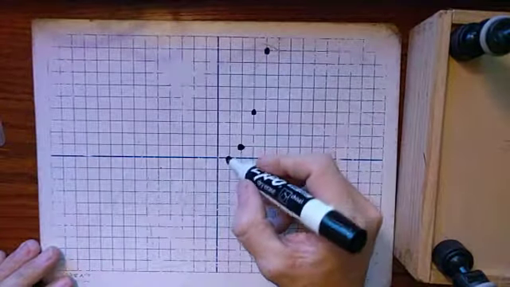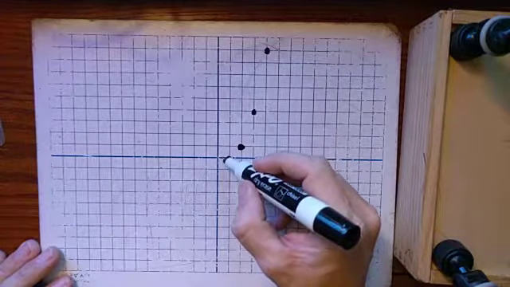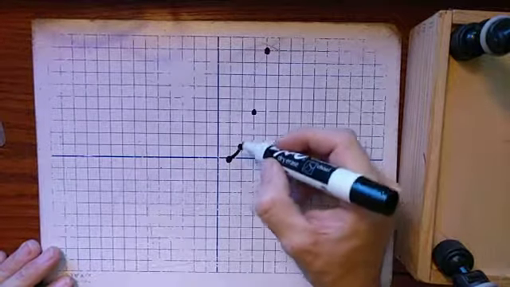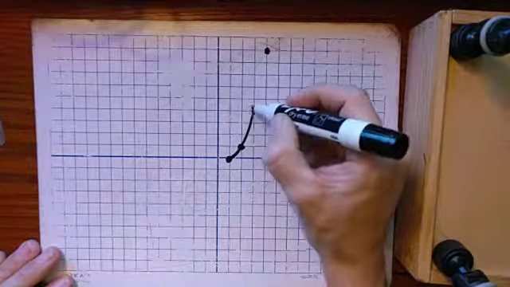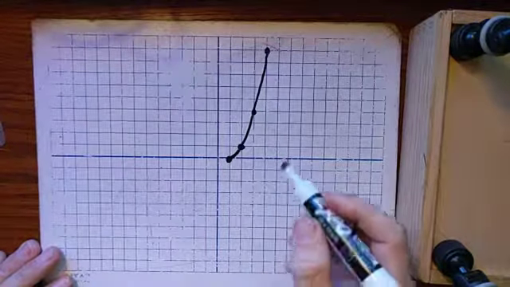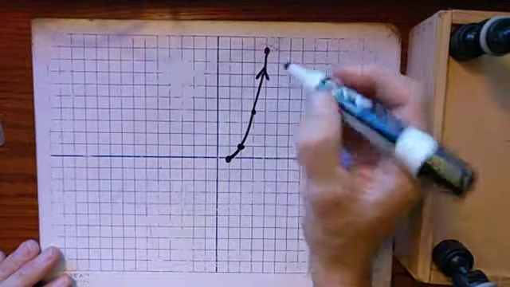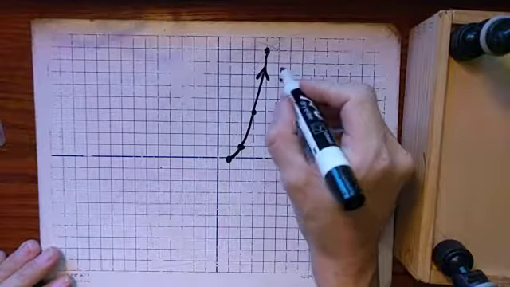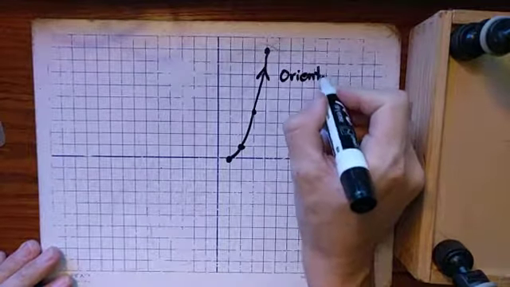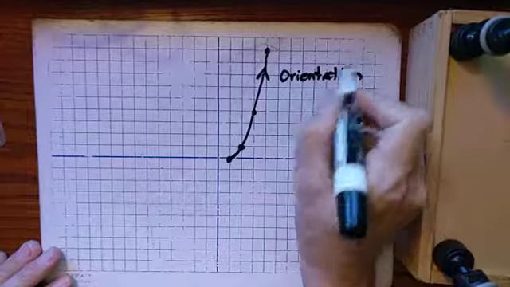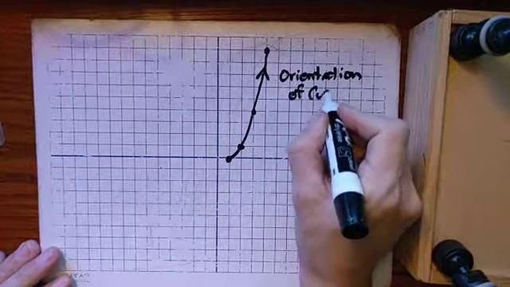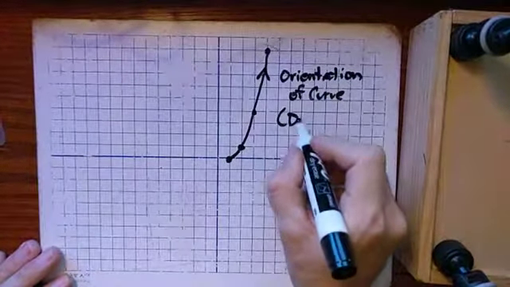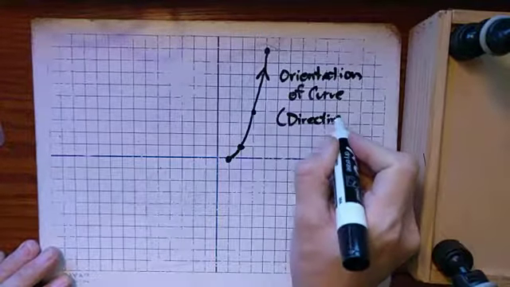Okay, so what's happening is this is what looks like part of a parabola. Now on this graph, I'm going to put an arrow. This arrow indicates what might be called the orientation of the curve, which is really just the direction in which the curve is traveling.